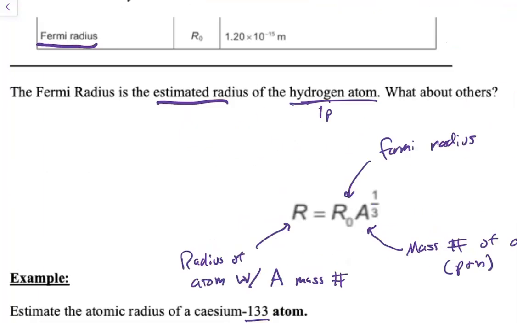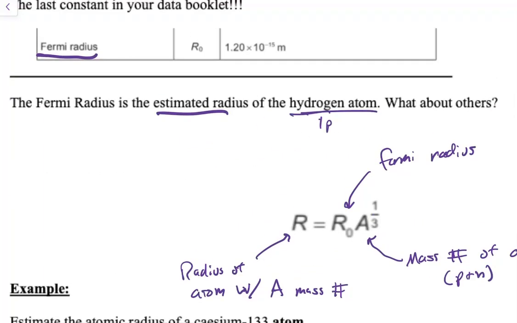This is good to know, just in case there are questions in multiple choice that ask you to relate the radius of an atom or size of an atom to something else. This is the order of magnitude. So the Fermi radius can help you determine the order of magnitude. Now, of course, when it gets larger, it may get bigger, but this is just a good rough estimate. So you can use times 10 to the negative 15th for all estimates of size of nucleus.